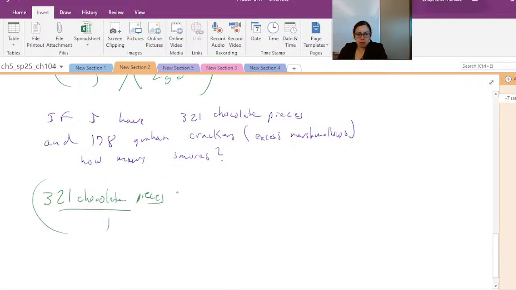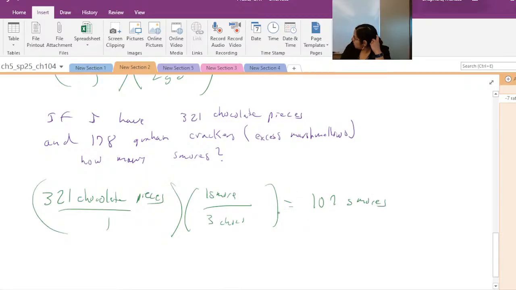And then again, right, we just look at our balanced equation, get our conversion factors. So 1 s'more requires 3 chocolates. So how many s'mores could we make from this amount of chocolates? So 107 s'mores. And then of course we're not done though.